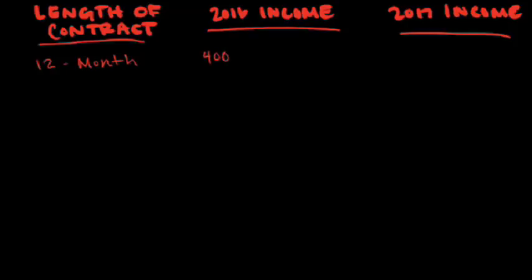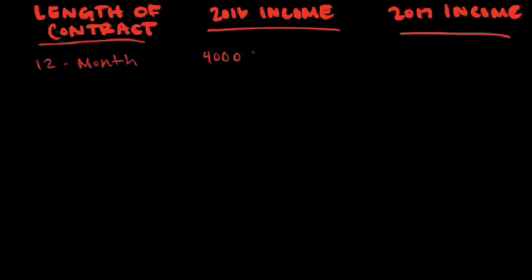What of the $4,000 must be included for 2016? Well, if they choose to do this where they want partial income in one year when it's earned and partial income when it's earned for 2017, they can defer it based off of when they sold the contracts and how long the contract is going to be.